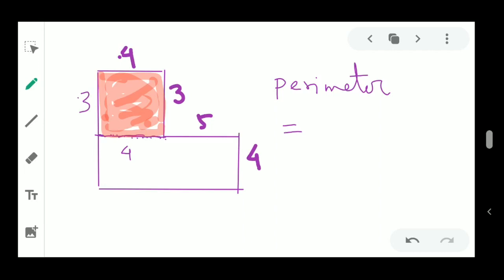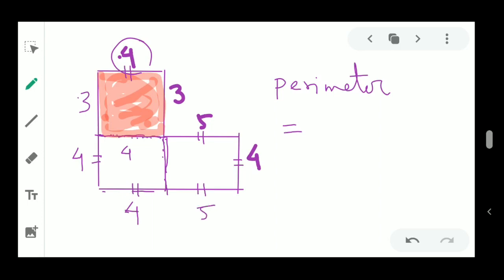Now again this side will be same as this side, so this will also be 4. If you draw another line here, this is also 4, and this side has to be same with this side, so this is also 4, and again this side has to be same with this side because they are rectangles, so this is 5.